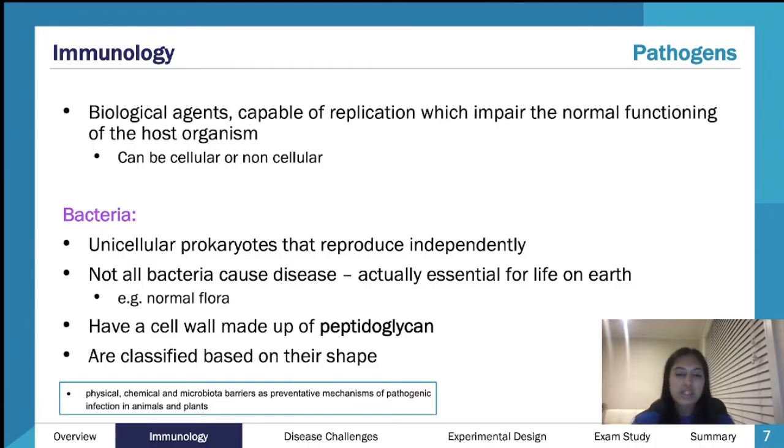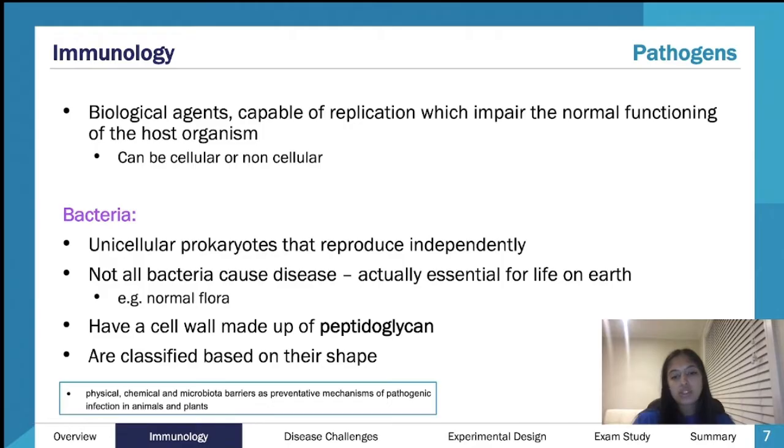In fact, they're doing the opposite. They're being helpful. So when we talk about pathogens, it's in the context of causing disease. Sometimes you might call them opportunistic pathogens. That's when bacteria that exist on your body and don't usually cause disease suddenly get the opportunity to, and then they do so.